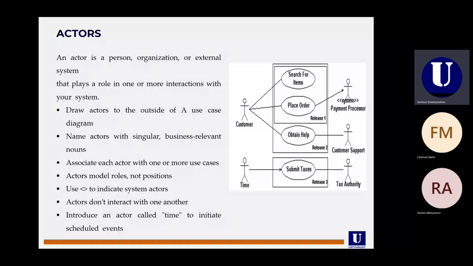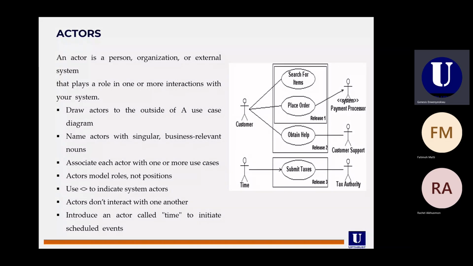And then you need to associate each of your actors with one or more use cases. You can't have an actor that has no interaction with a use case, right? Every actor must have at least one interaction with a use case. That is to show that the actor has a particular value they are going to get from the use of our solution.